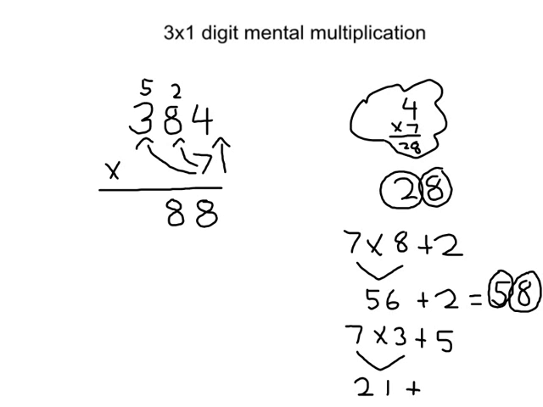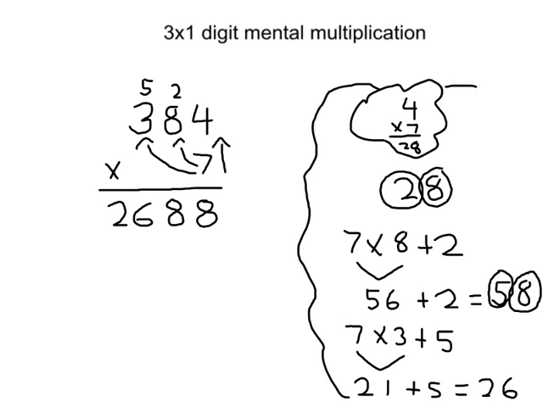And then we have to add the 5. And when we have that, we have our final answer of 26. So finally, we can write down 26 as our final answer, and it's 2,688.